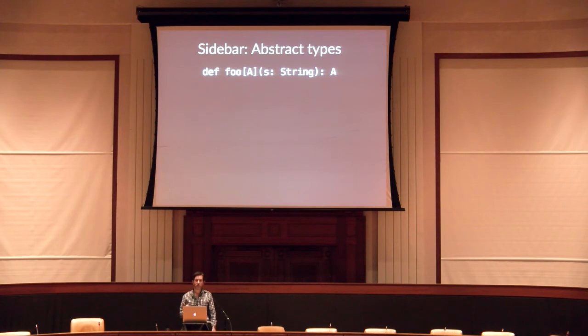Don't worry, it's really easy. If I had this method foo that takes a type parameter A, and I want to input a String and return an A, how many possible implementations of this could I make? Anybody? Like, if I was writing this, how could I write this?